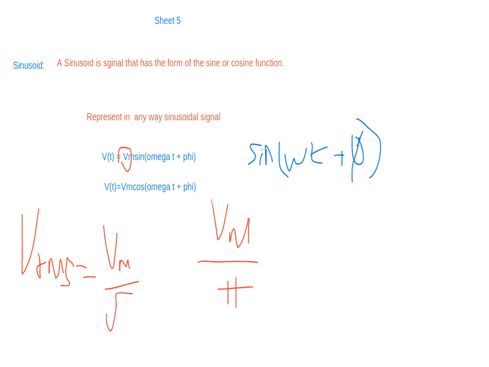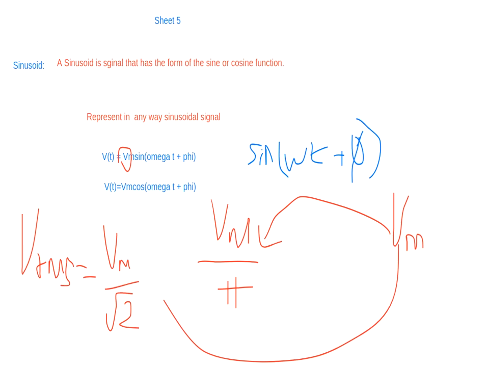So remember, if you know the Vm, that is the maximum voltage, then you can find out the average voltage using this formula Vm by pi, and you can find out the effective voltage or RMS value using this formula Vrms is equal to Vm by root 2, okay.